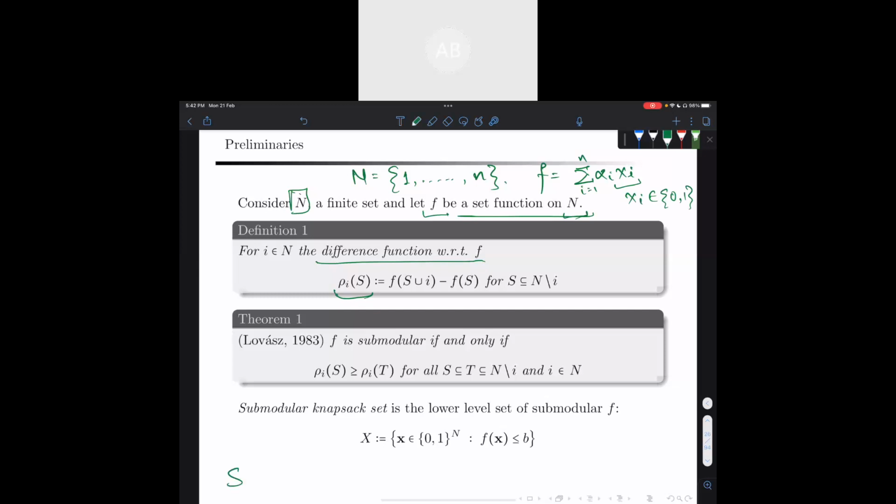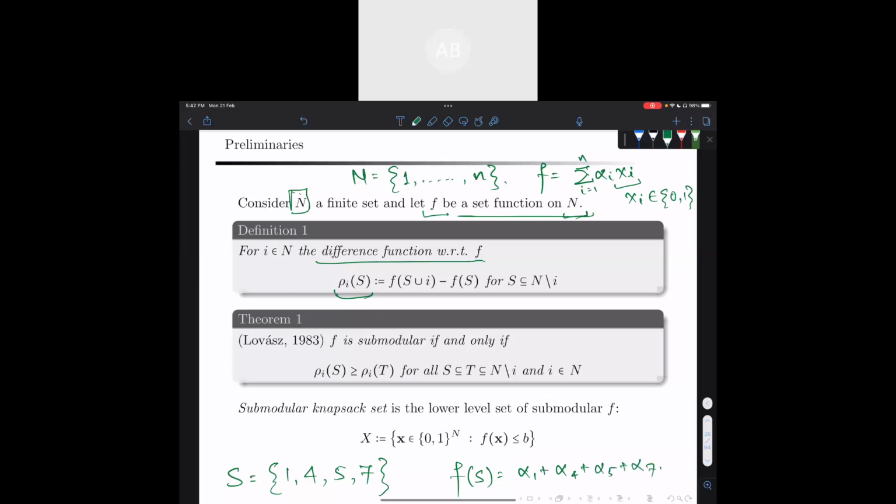Let S be 1, 4, 5, 7. So f of S then is alpha 1 plus alpha 4 plus alpha 5 plus alpha 7, right?